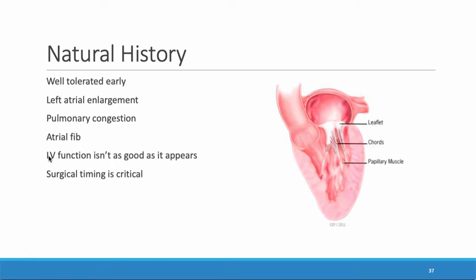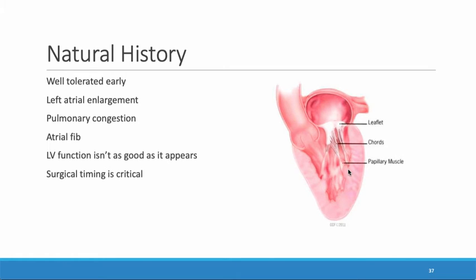The important thing to know is that LV function is not as good as it appears, right? If you have two ways for blood to get out, you have the hard way through the higher pressure aortic valve, or you have the lower pressure mitral valve through which it can get through.